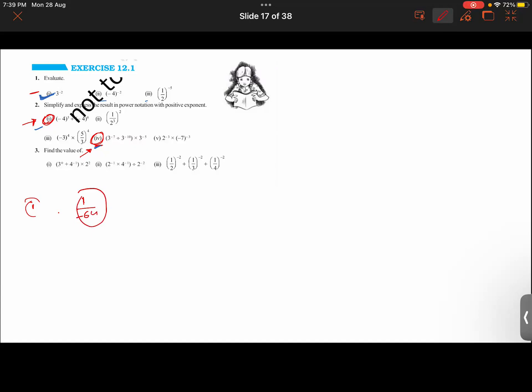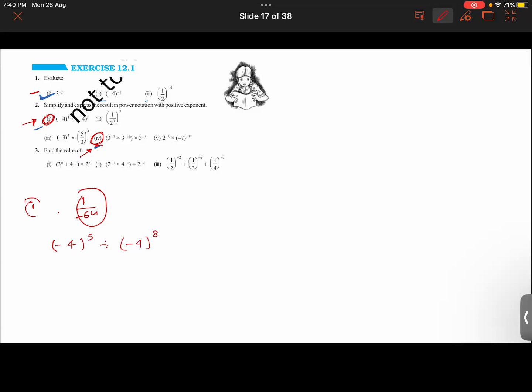We are solving question 1 of the second question. Let me tell you how we solve this question. The question was -4 raised to the power 5 divided by -4 raised to the power 8.